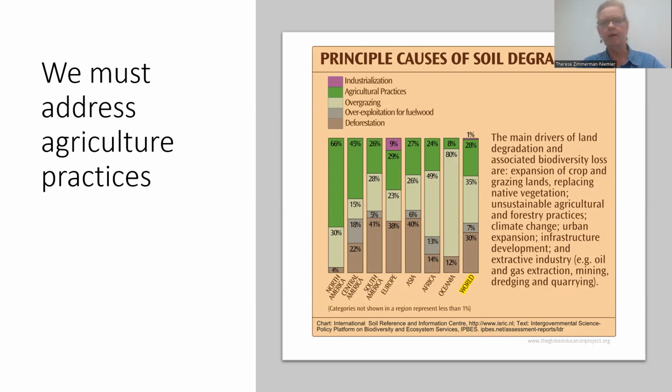In America, our biggest problem is agricultural practices. And so the teaching of regenerative farming is totally in line with understanding the environmental relationship, and also empowering our students to be earth stewards through their consumer choices.